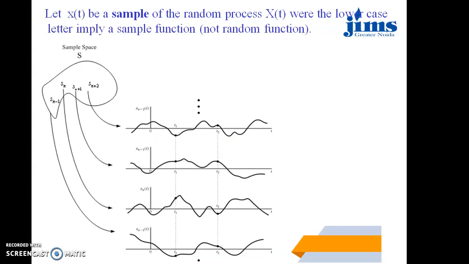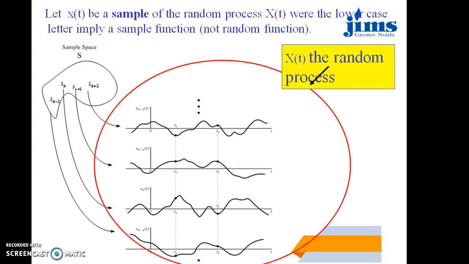So this is showing the sample space, as I mentioned in the previous slides also. The sample space is given by S, having a number of observations denoted by Sn, Sn minus 1, Sn plus 1, Sn plus 2, and for each observation, for each experiment, there is a random process given as Xn(t), Xn plus 1(t), Xn minus 1(t), Xn plus 2(t), and so on, depending on the number of observations in the sample space.